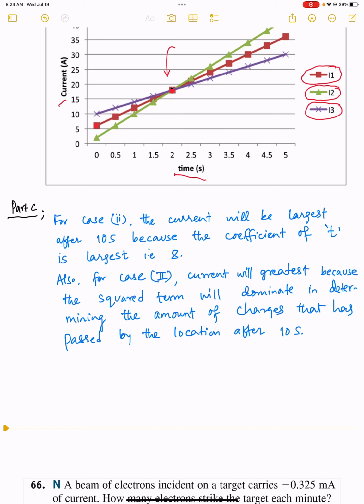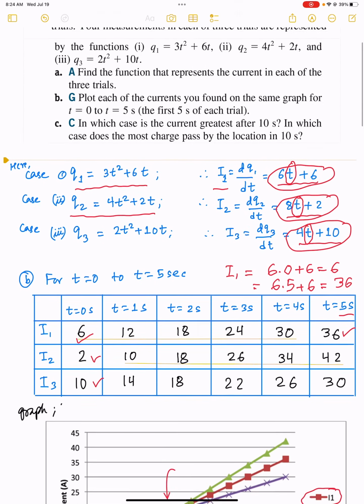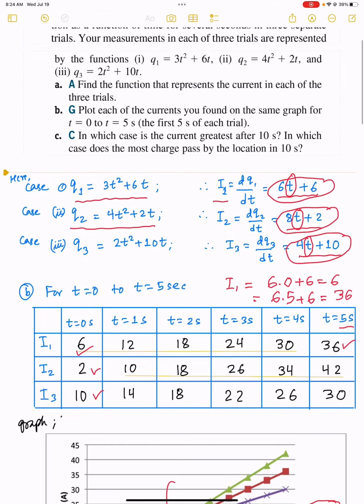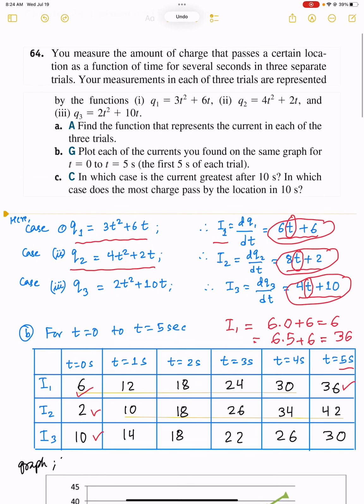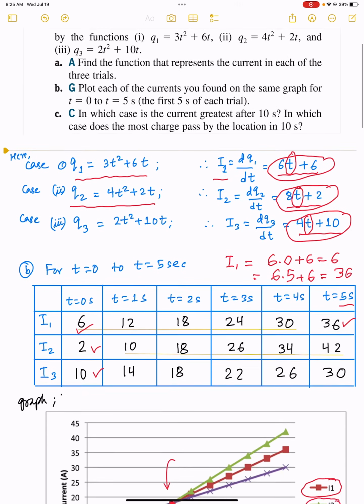For case 2 as well, the question asks about the most charge. The t squared term gives you the amount of charge. Again for case 2, the coefficient of the square term of t is the maximum coefficient.